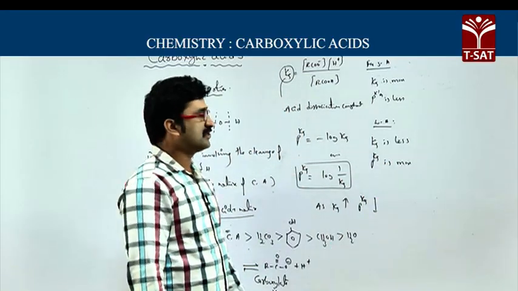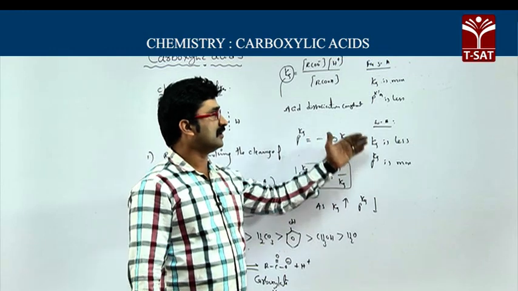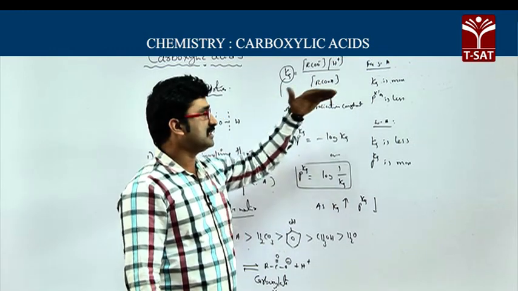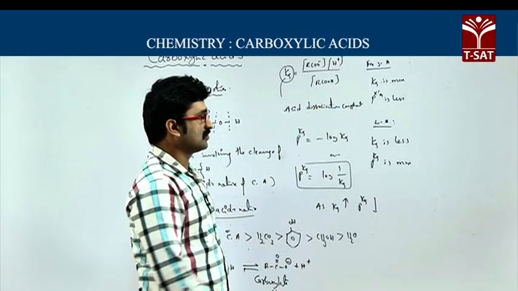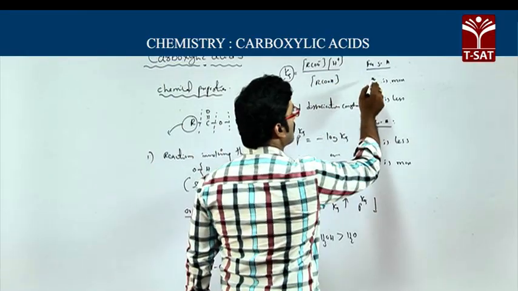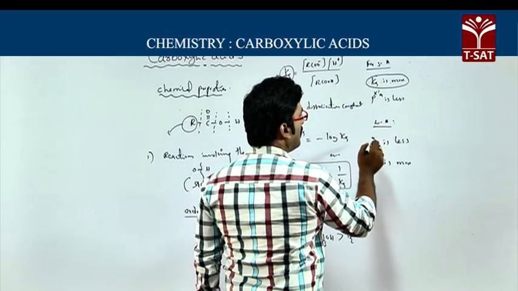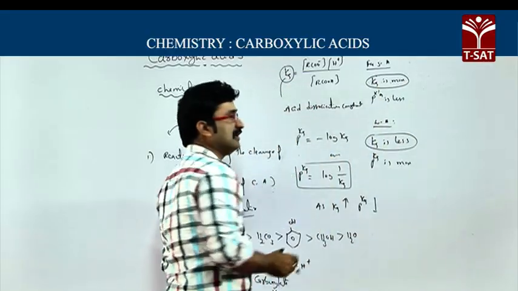In the examination they will ask in terms of Ka and pKa, which has the more pKa value and which has the more Ka value. So this is very, very important. For strong acids Ka is more and for weak acids Ka is less.